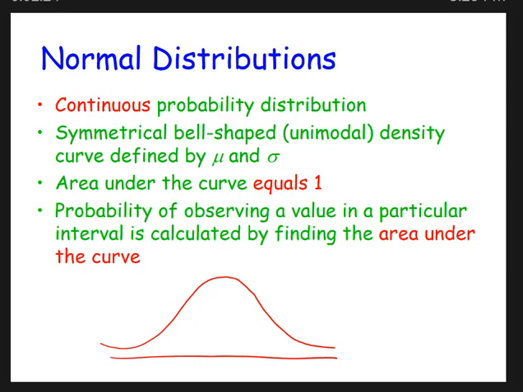And the probability of observing a value in a particular range or interval is calculated by finding the area under the curve.